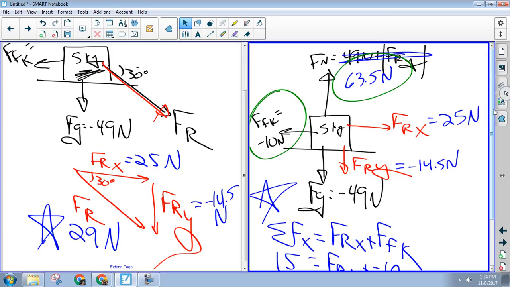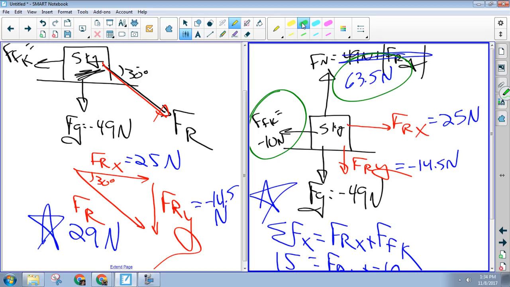So, number 5. Here's the deal with number 5. In number 4, when you solved this, you split your forces up into components, right? Because Roy's force didn't lie along either of my axes. So what do I mean when I say axes?